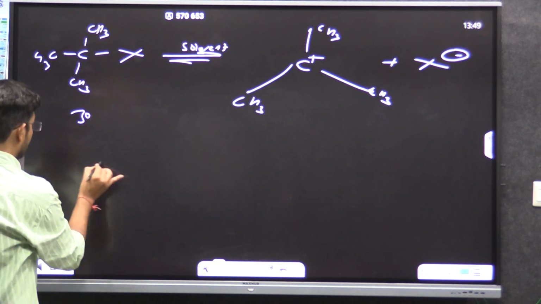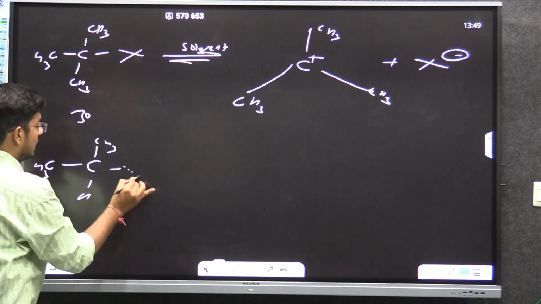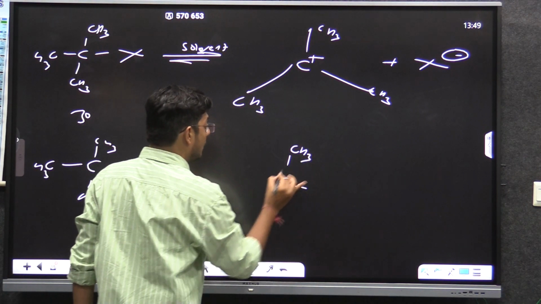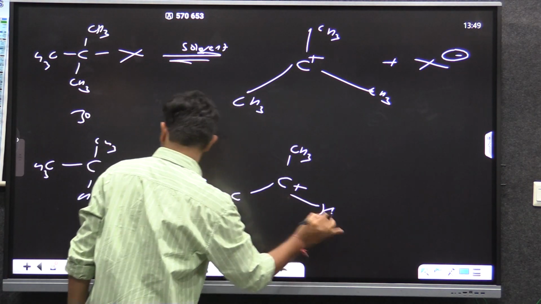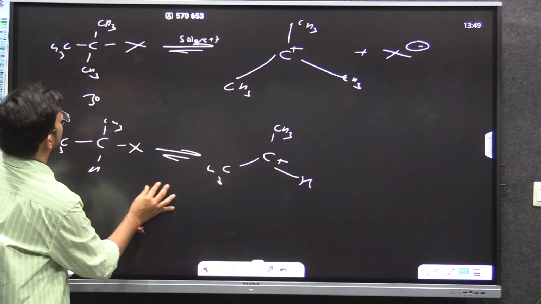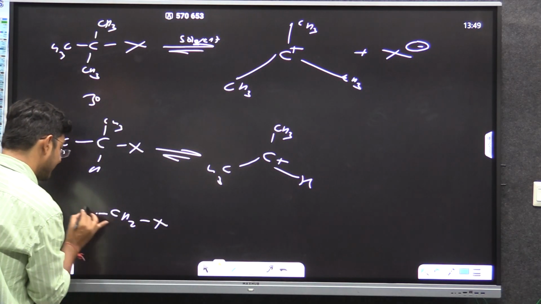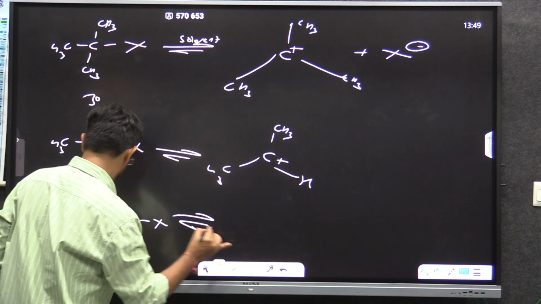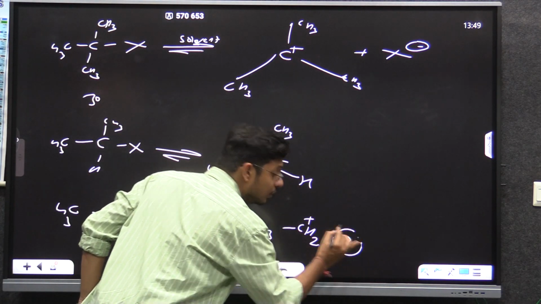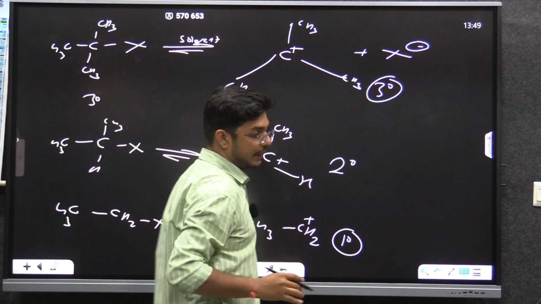Whereas the 2-degree alkyl halide will form a 2-degree carbocation, and for the 1-degree we have CH3CH2+. I hope you see this is a 1-degree carbocation, this is a 2-degree carbocation, and this is a 3-degree carbocation.